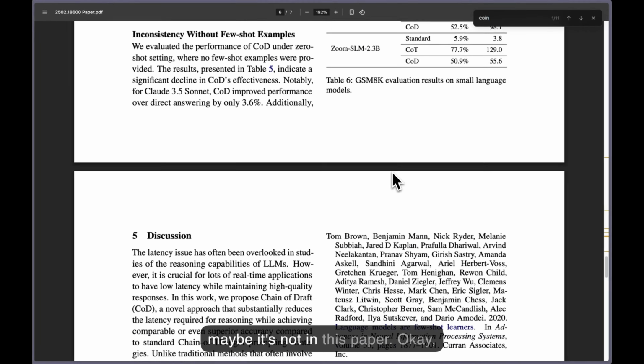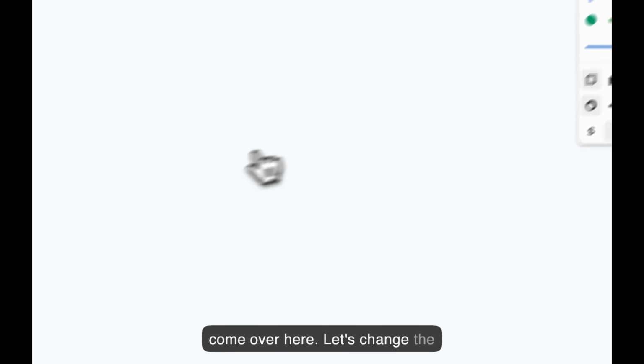Okay, I've thought of a question. This is the code, by the way. We can check out the code also as to how it's actually working. So first, let's come over here. Let's change the color to red. And here's the question.